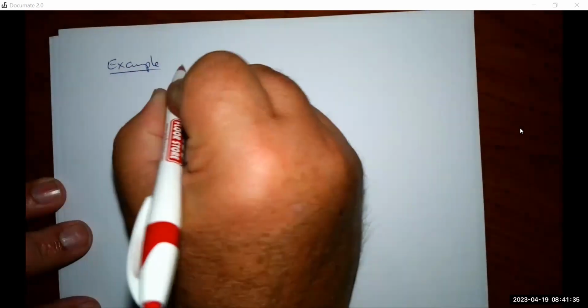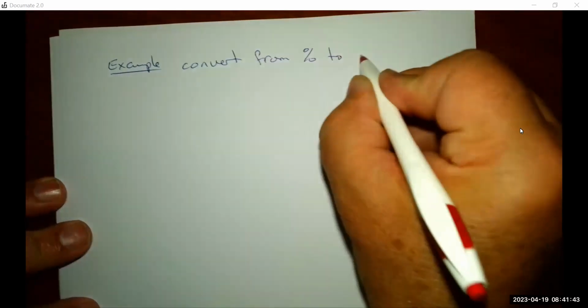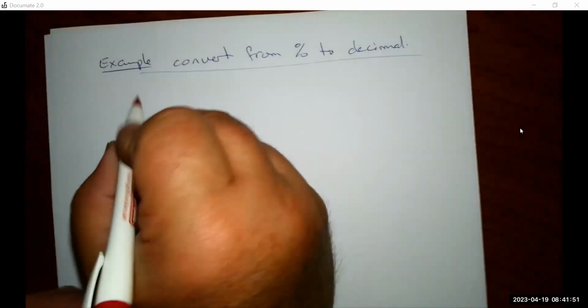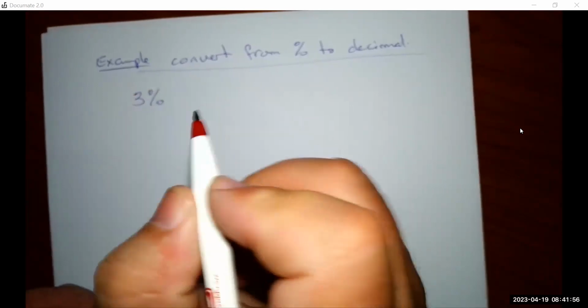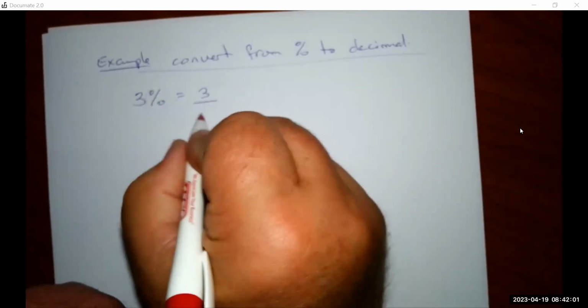Let's go the other way. This was converting to a percent. Now let's convert from percent to decimal. So it's 3%. Remember, what this means is 3 over 100.